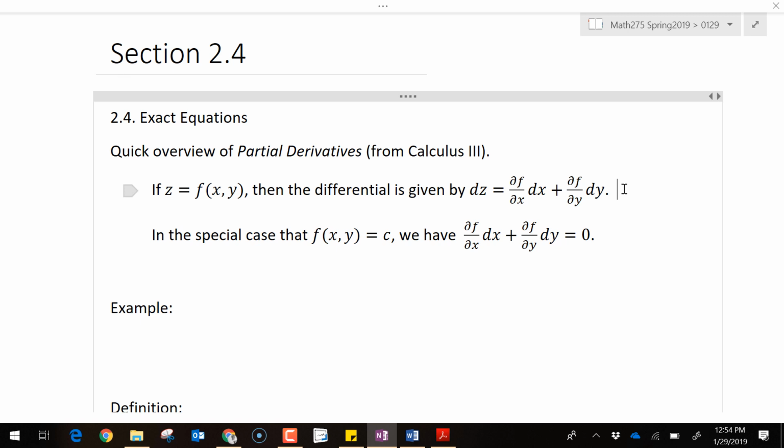And then we add on the partial derivative with respect to y, and then tack on a dy. So then you have your dx, dy.